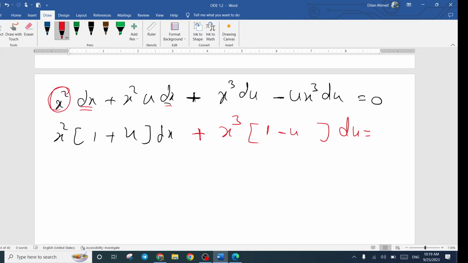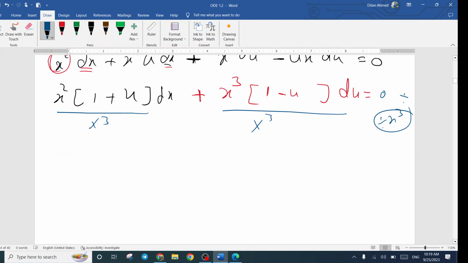It's separable. How? Let me divide both sides by x to the power 2. But it's power 3. So I'll get what?